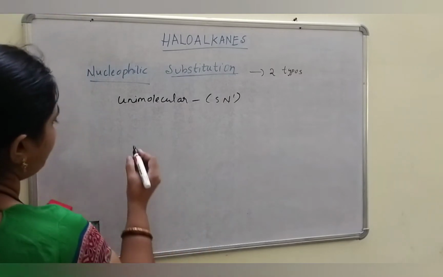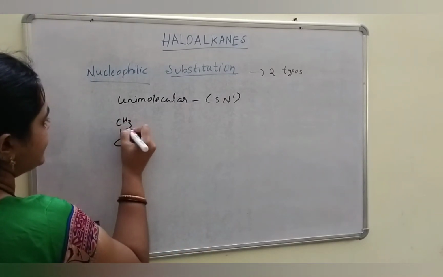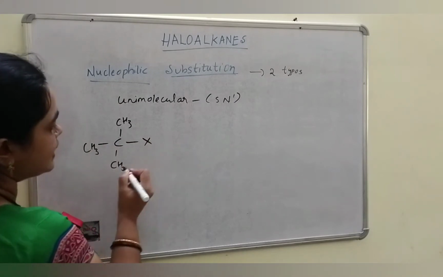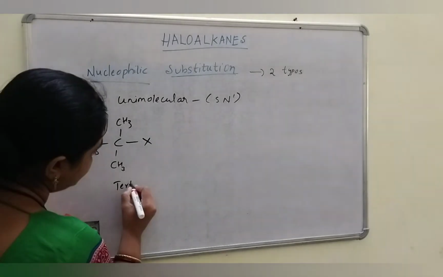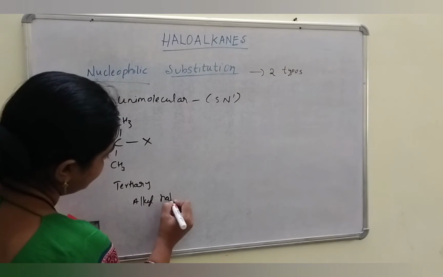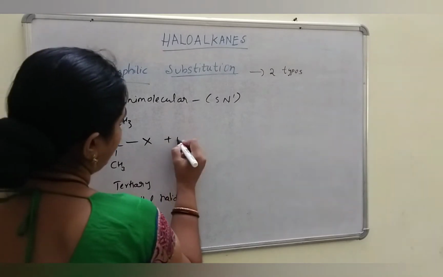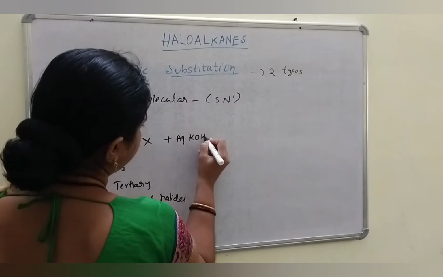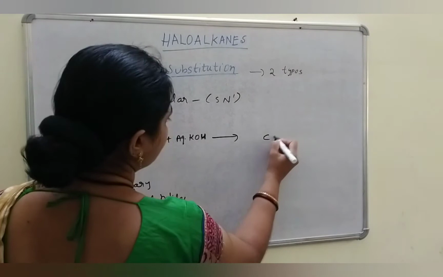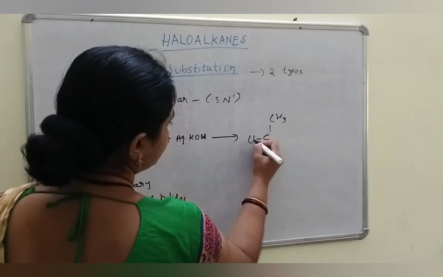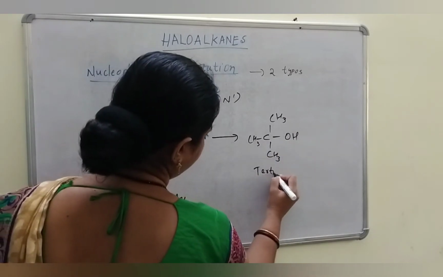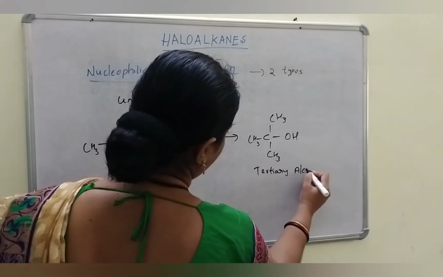When tertiary alkyl halides are treated with aqueous KOH, they form tertiary alcohols.